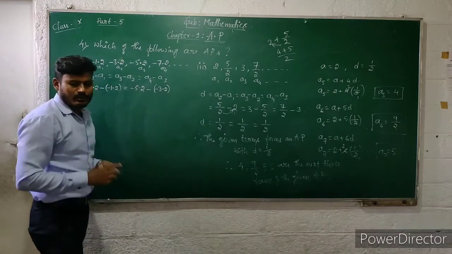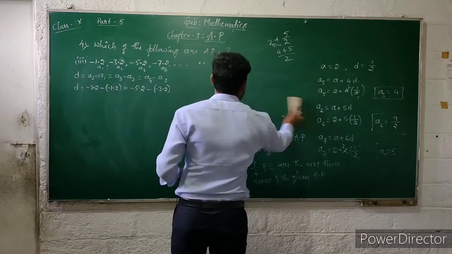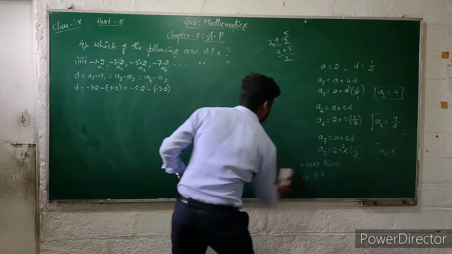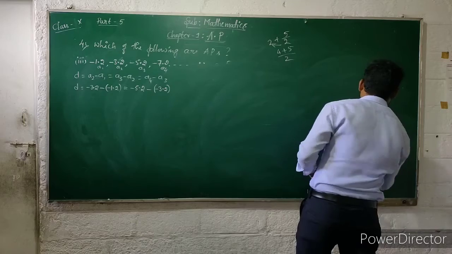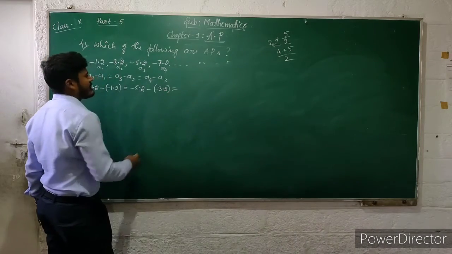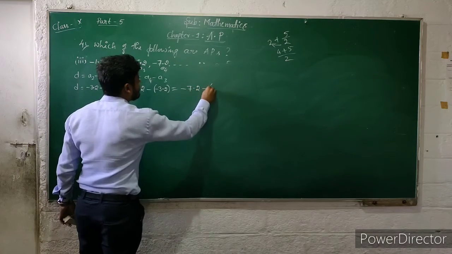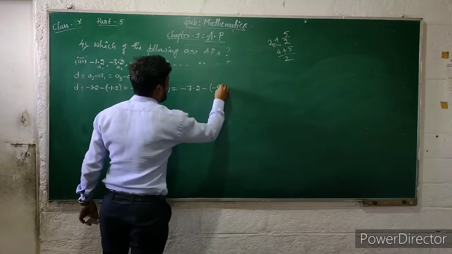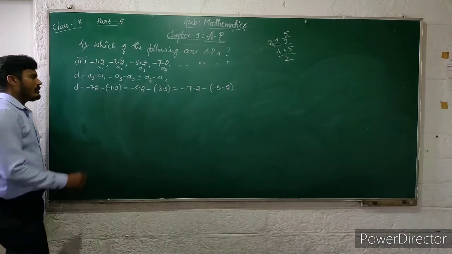So this is equal to A4. What is the value of A4 here? Minus 7.2 minus of minus 5.2.